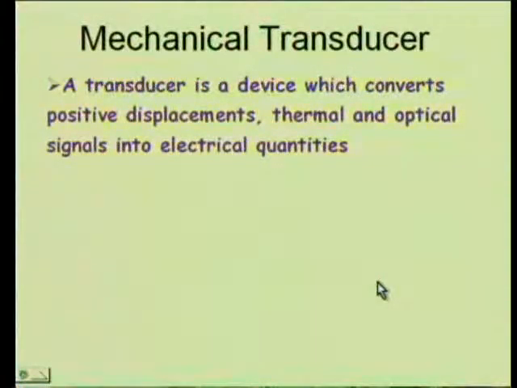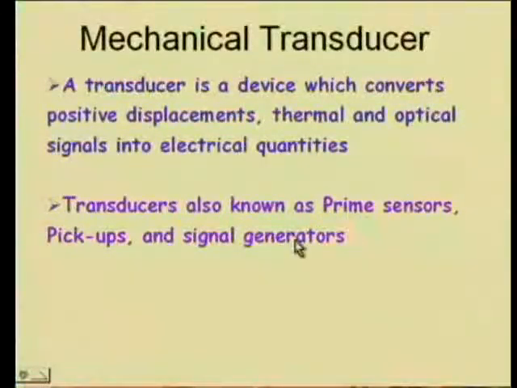Now the mechanical transducer. What is meant by a transducer? A transducer is basically a device which transforms the information from one mode to the other. Now we can see the details. A transducer is a device which converts positive displacements, thermal and optical signals into electrical quantities.